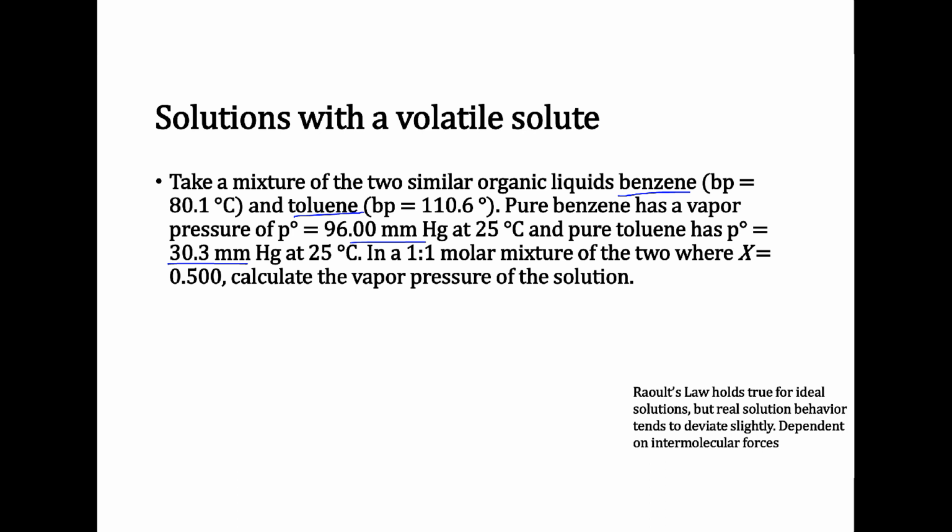One of the things that I do want to point out and make you remember from intermolecular forces is if you have a higher vapor pressure, that means you're going to end up having a lower boiling point. So higher vapor pressure, lower boiling point.